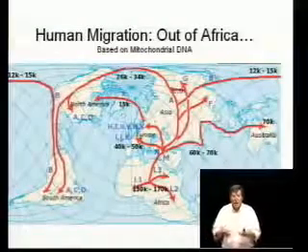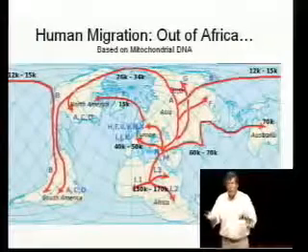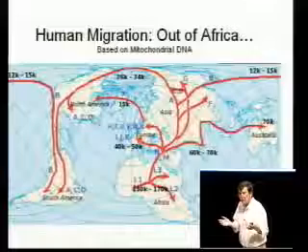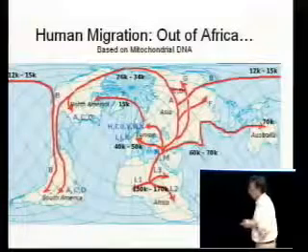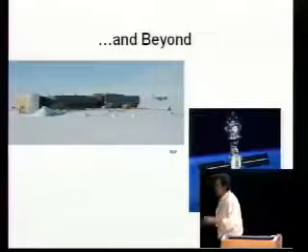As humans migrated to these new parts of the planet, we moved into very different environments from the environment of early adaptation. And now, of course, we're living in incredibly different environments.